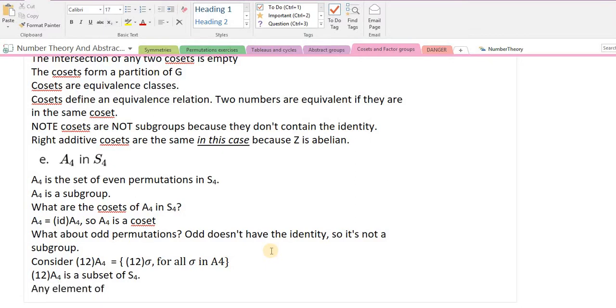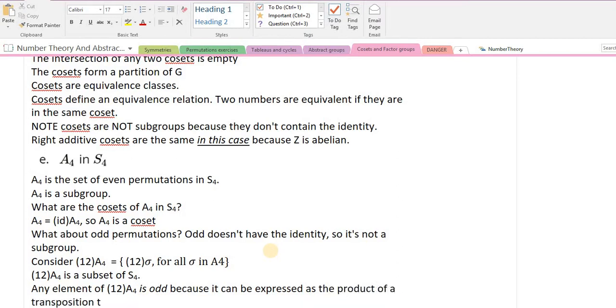Any element of this set is odd because it can be expressed as the product of a transposition, which is (1 2), and some element of A4.